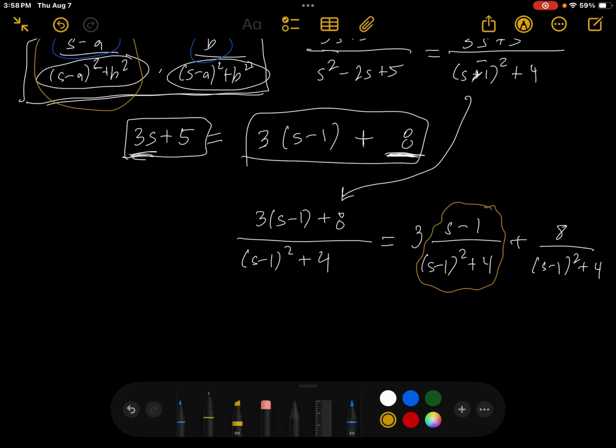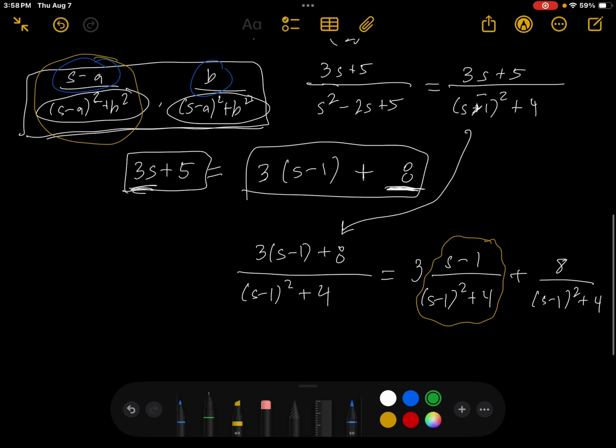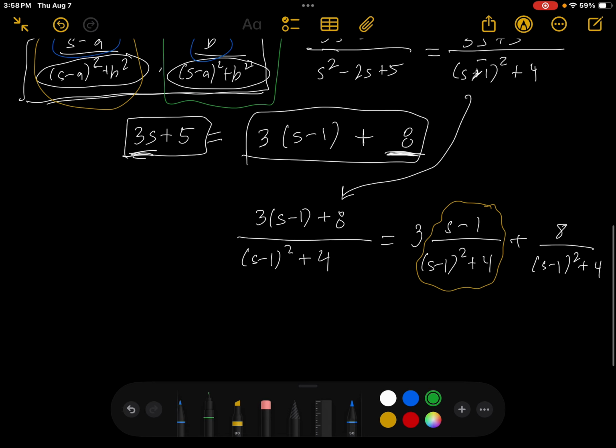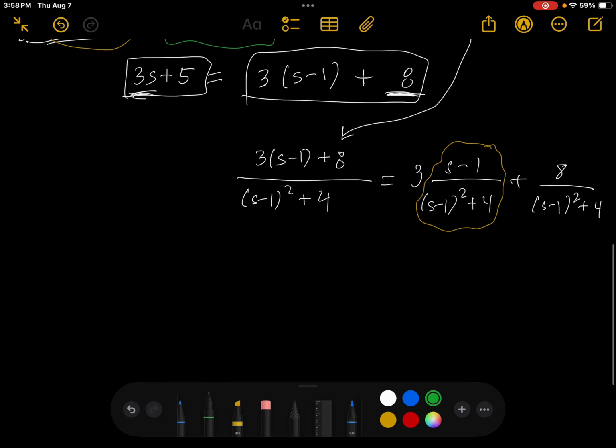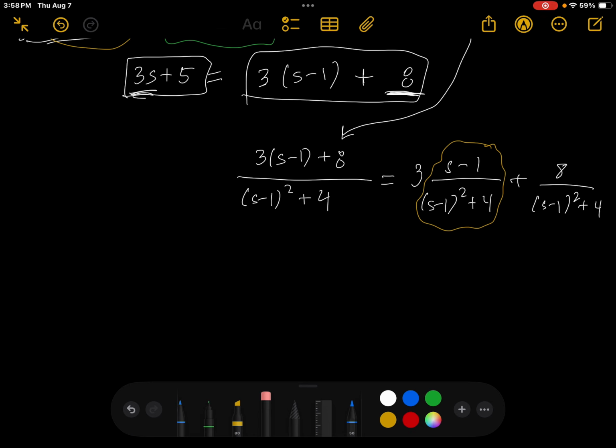For the other thing, we can take the inverse Laplace transform if we had this. Now here, this 8 over s minus 1 squared plus 4, my b is 2. So what I want is a 2 on the top, not an 8. So how can I rewrite this expression with the 8 on the top so that I get a 2 on the top?